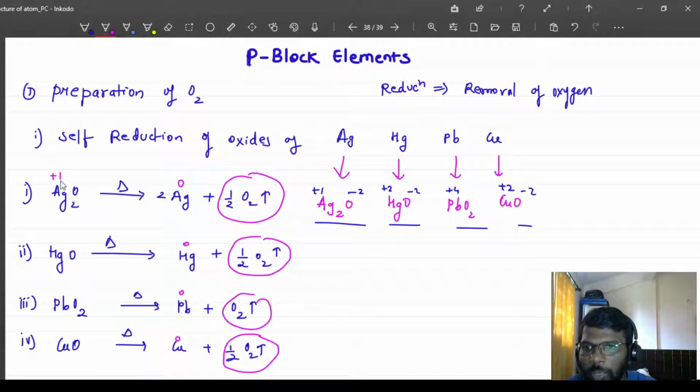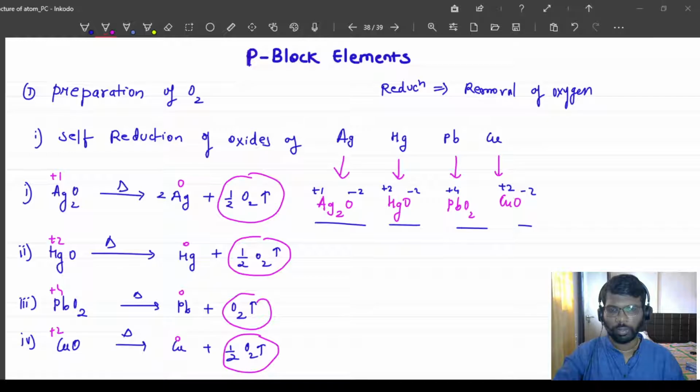Here it was plus 1, here plus 2, here plus 4, and here plus 2. So all are getting reduced from a higher oxidation state to 0.